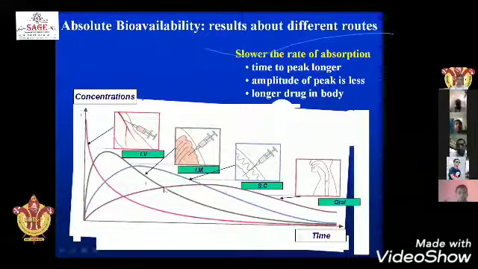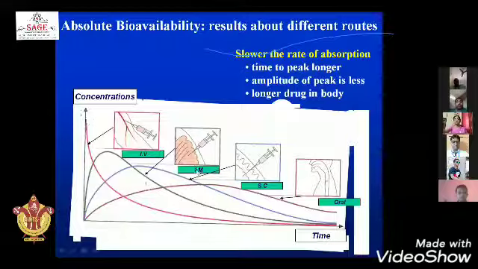The peak concentration is the maximum concentration achieved after administering the drug by different routes. In the intravenous case, the peak concentration is at almost time 0, at the time of administration. In the intramuscular case, the peak concentration is reached at this later time.